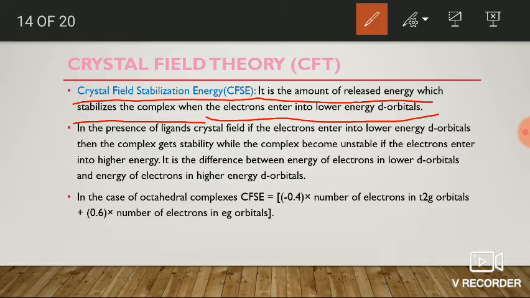Okay, here, due to the entering of electrons into the lower energy level, the complex gets stability. This minimum energy which stabilizes the complex by entering the electron into a lower energy level is considered as crystal field stabilization energy. Okay, fine. If the electrons enter into higher energy orbitals, then the complex gets destabilized.